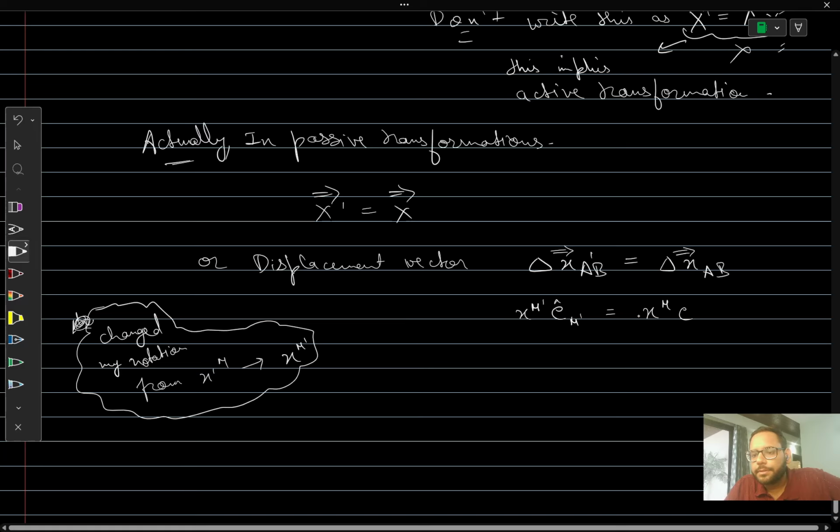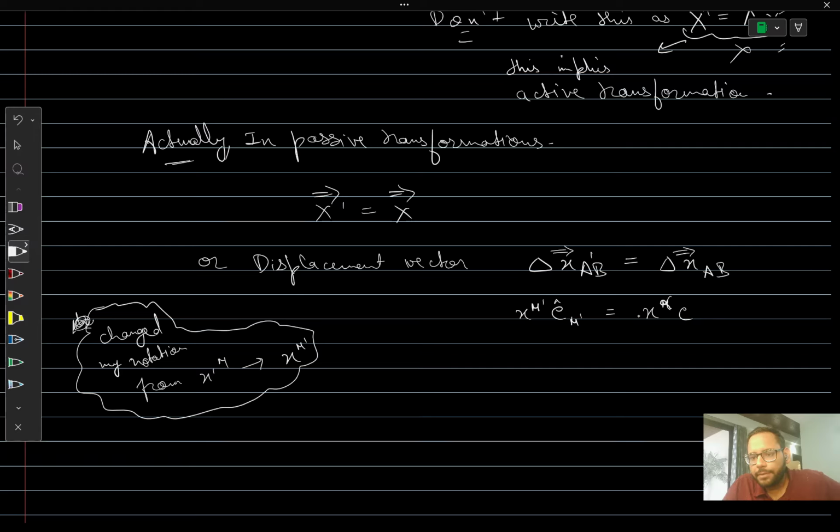I have talked in previous classes that dummy indices can be replaced with any indices at any moment. So for convenience, let's write this as alpha and alpha, in the unprimed coordinate.